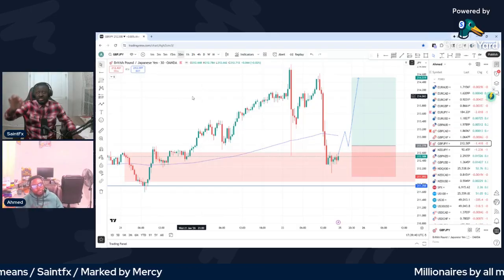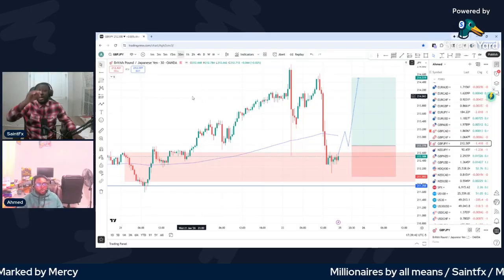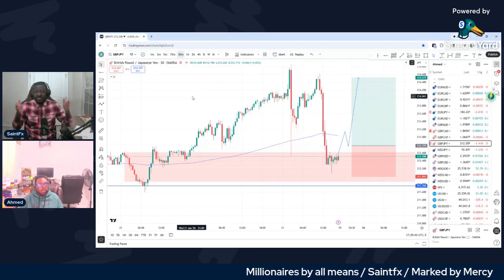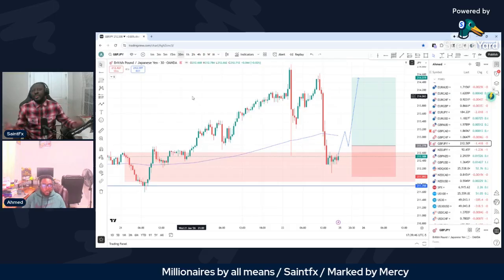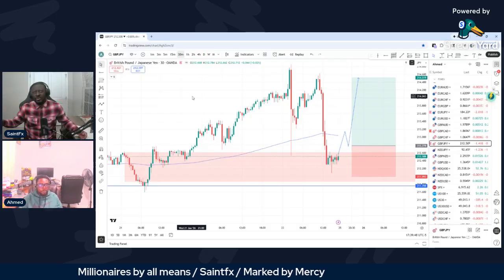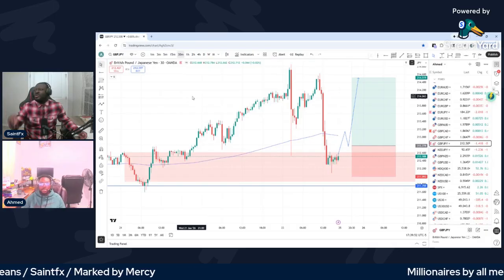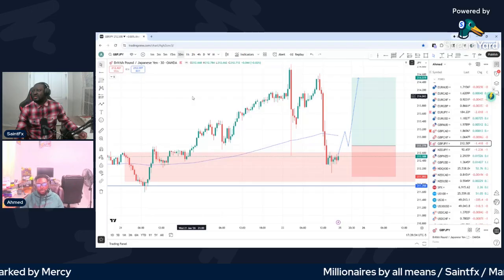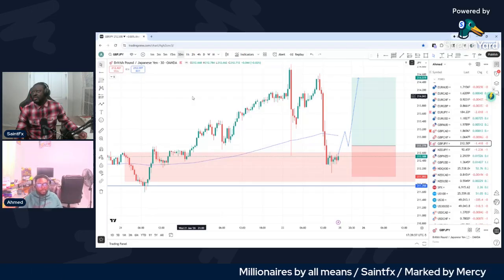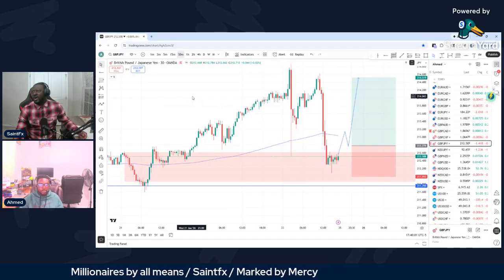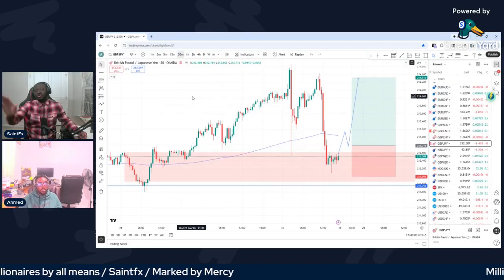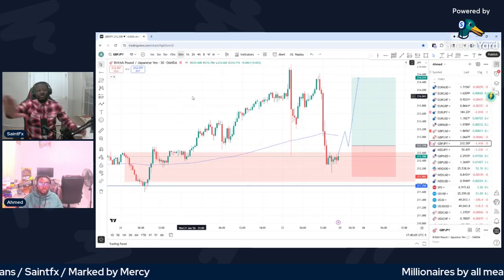I know what I'm looking for to be able to buy. I already chose the pair. I think I posted two pairs, right? I think GBP, I posted GBP and GBP JPY, and I decided to use GBP JPY. If I show you, everything is already set up.